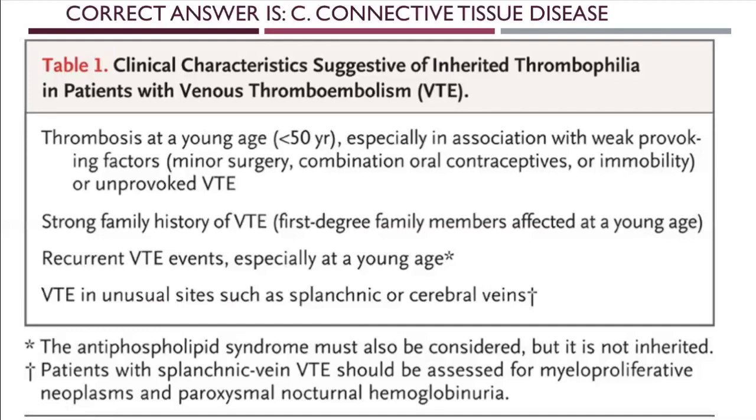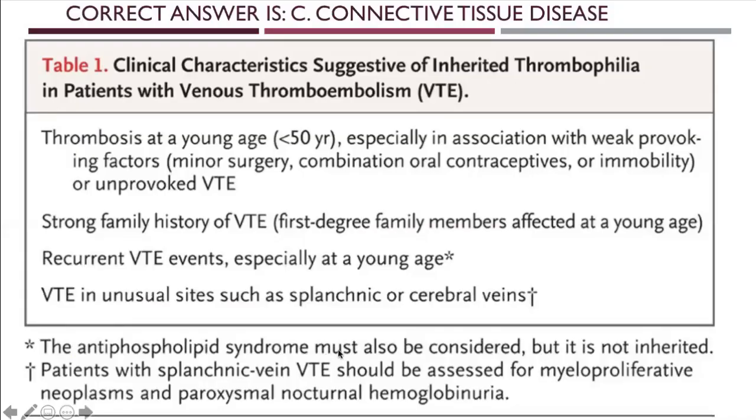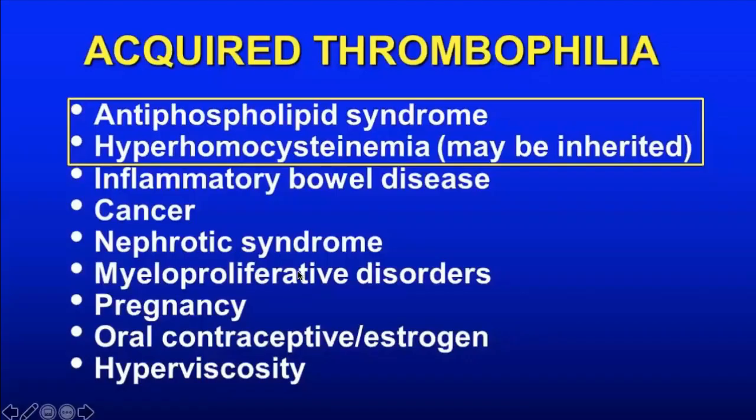Next, we're going to mention the other ones, which are the acquired, because they mention it here down here. Antiphospholipid syndrome must be considered, but it's not inherited. Venous thromboembolism should be assessed for myeloproliferative neoplasm or paroxysmal nocturnal hemoglobinuria.